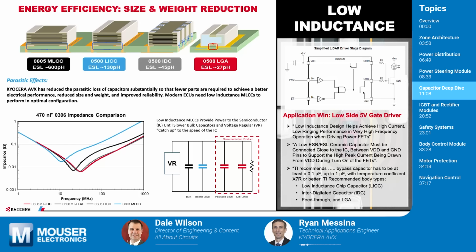So low inductance MLCCs have the ability to quickly dump their charge to the load, maintaining voltage stability throughout various operating environments. And in some instances you're going to need maybe a smaller MLCC, when you're switching really quickly.